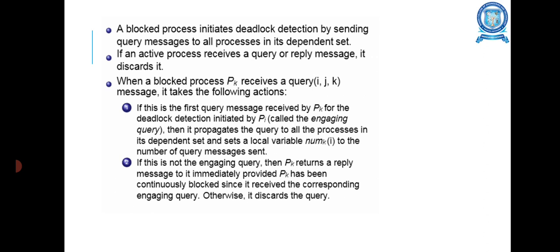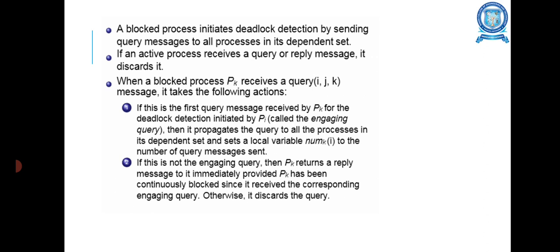A blocked process initiates deadlock detection by sending query messages to all the processes in its dependent set. If an active process receives a query or reply message, it discards it. When a blocked process Pk receives a query(i, j, k) message, it takes the following actions.